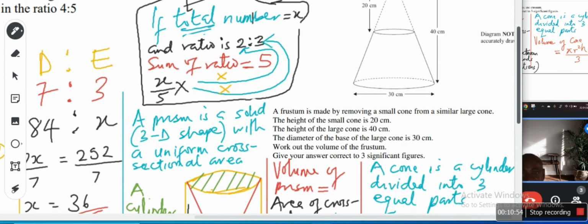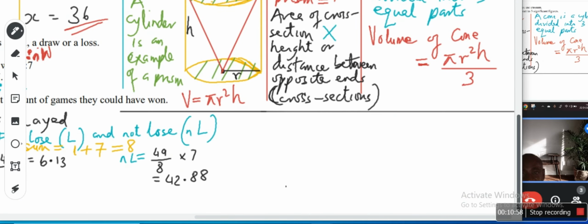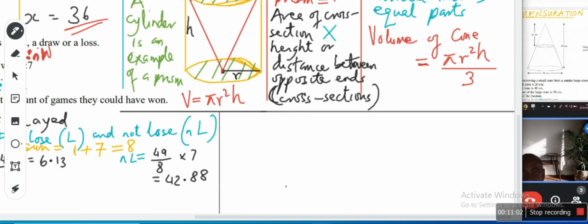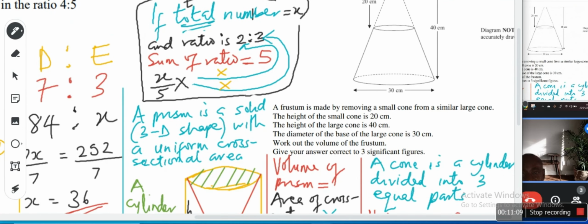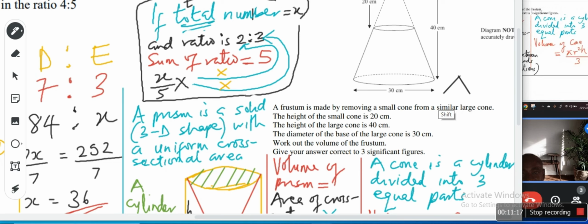Of course there are other examples of a prism. I've told you about the triangular prism and all that, but let's focus on what we are doing. If I had the luxury of time, I could have drawn a triangular prism. Let me just show you. That's the one most people know as a prism, but that's not the only prism.